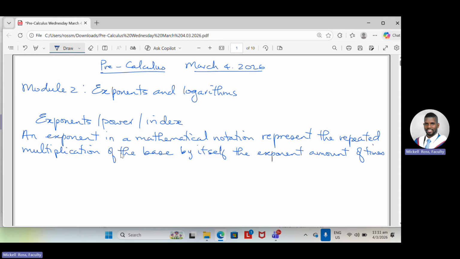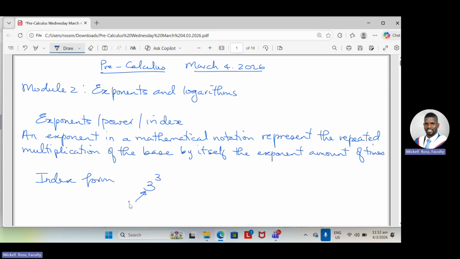All right, so it says an exponent in a mathematical notation represents the repeated multiplication of the base by itself, the exponent amount of times. So what does that mean? Take, for instance, when you have something written in what we call the index form, say 3 cubed, right?